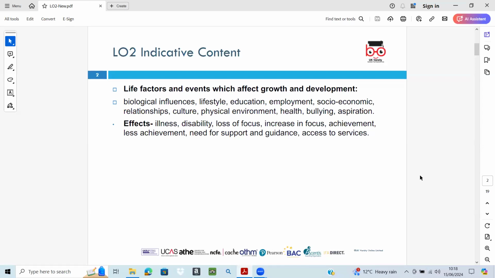Access to education, supportive relationships, and a motivating environment all foster high achievement in various fields. Then we have less achievement. Negative factors such as bullying, poor health, or lack of support can have an impact on academic and personal achievements.